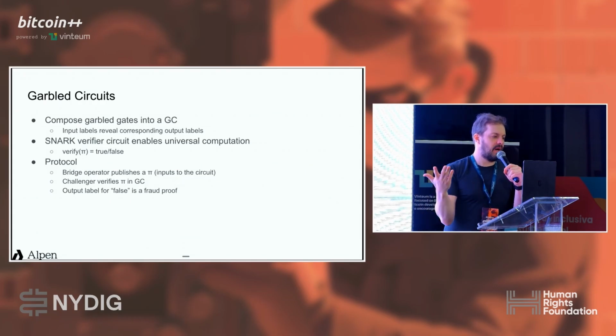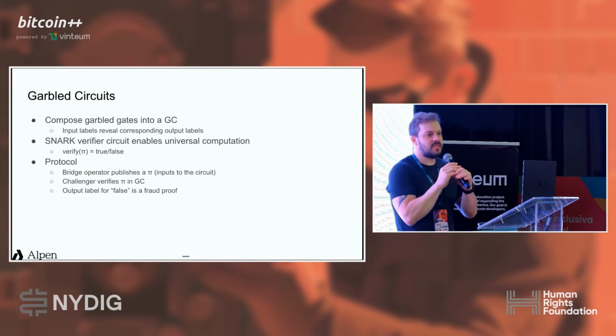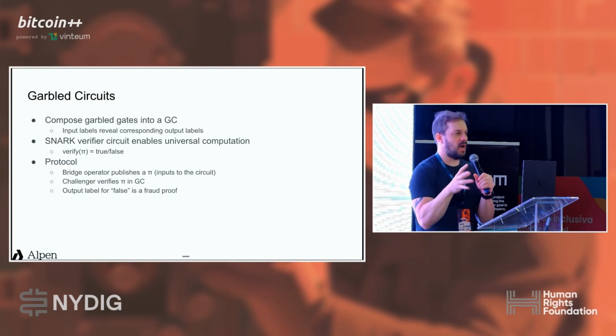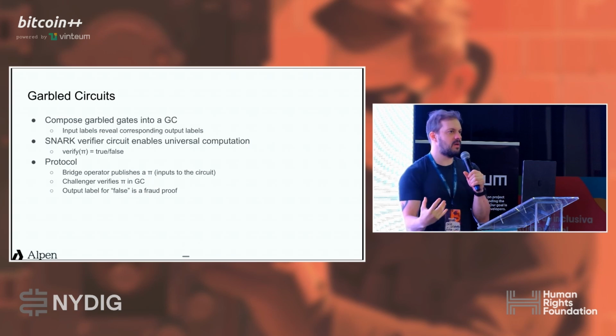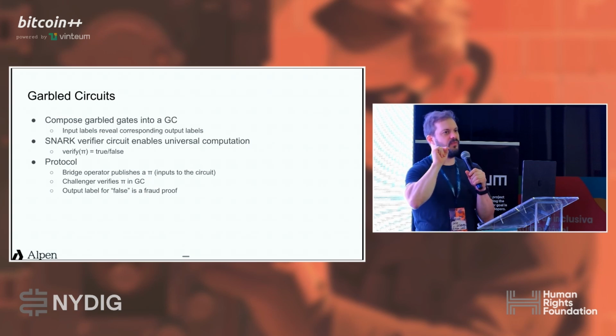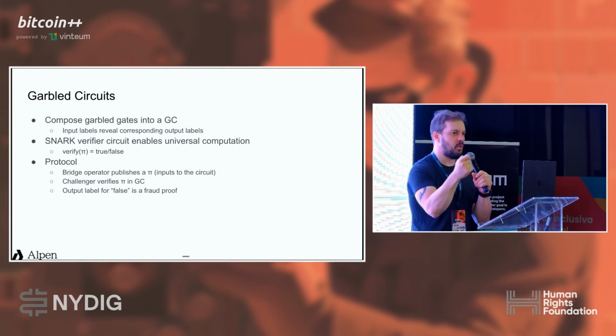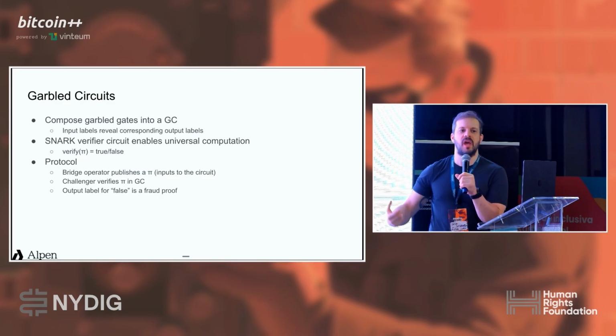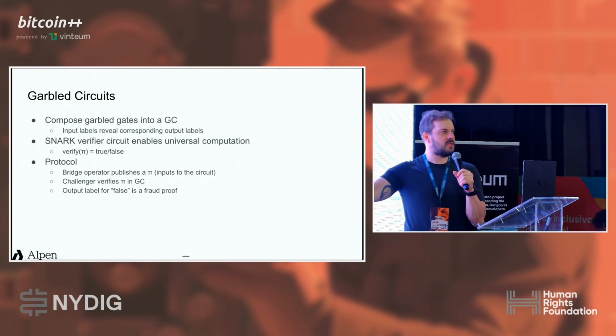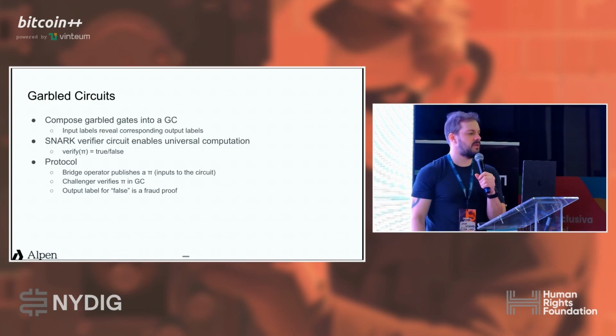And garbled circuits enable universal computation. This means that we can create an off-chain SNARK verifier: you post the proof on-chain, but the verification is off-chain. And if the proof is false, you get to reveal the secret.